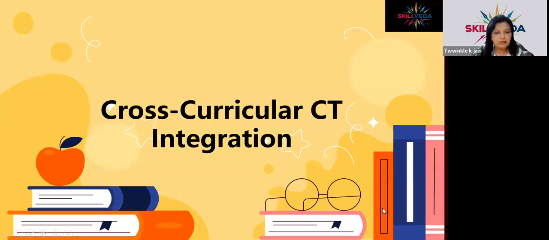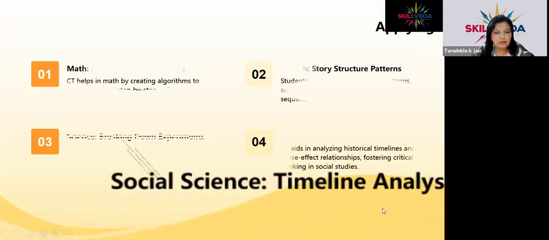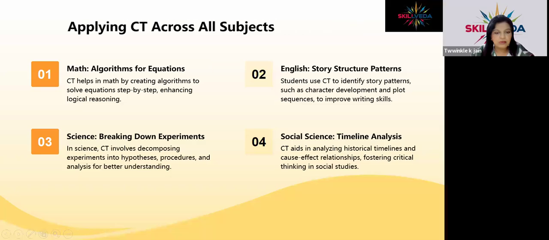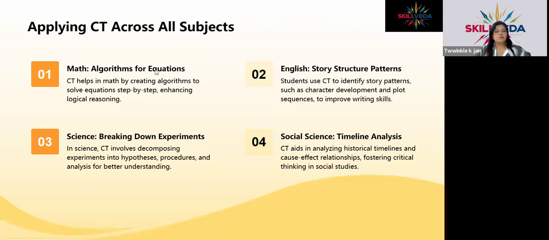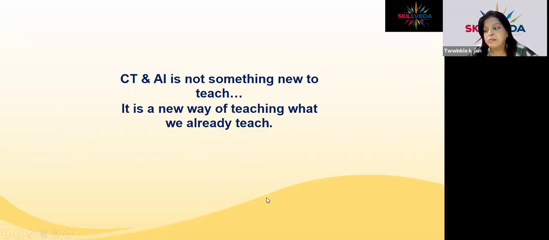So cross-curricular integration. We can give an interdisciplinary project or multidisciplinary project, combining CT, to all the teachers. So principals here can give the work to the teachers to come up with a topic. Just like organizing an annual day, they can take up any topic and the children have to combine all the subjects and do the project.